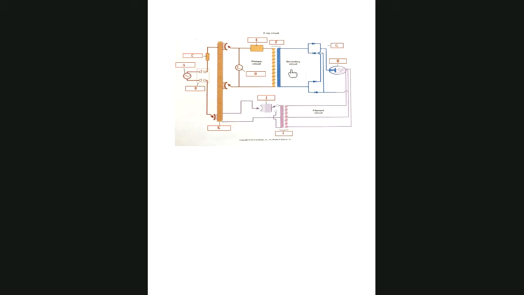So if you're reading a problem and you see that the distance has been increased, in your mind you say, that's a good thing, because the quantity of X-rays was decreased. The patient's dose, or the RT's dose, was decreased because they got further away from the primary beam. It's the same thing with transformer law problems.